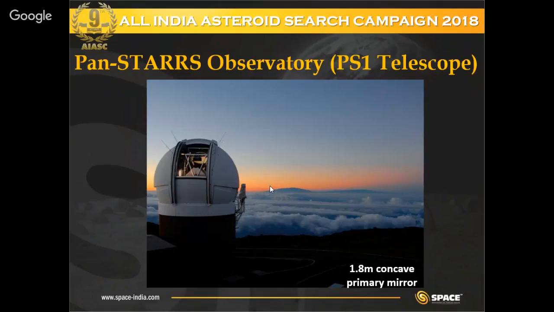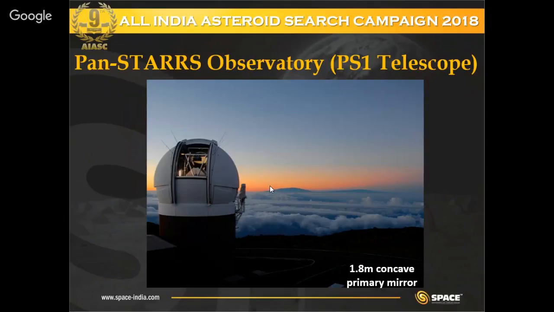This particular telescope is so powerful that it has a camera. Like you have a camera on your phone, it would be 12 megapixel, max 20 megapixel. But this particular telescope has a camera which is in gigapixel, right?